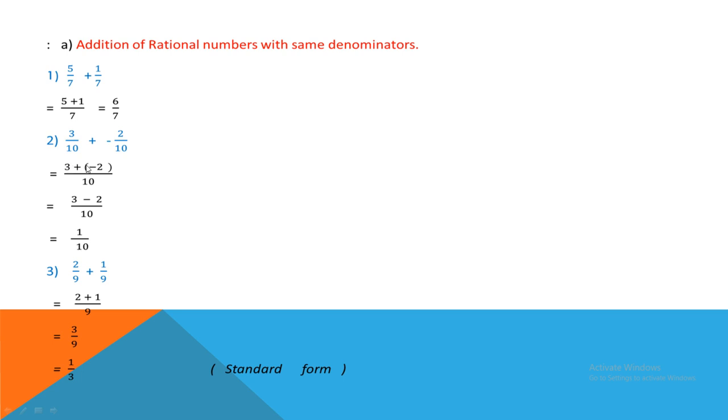We know the rule of addition of positive and negative integers. So the answer will be 1 by 10. In the same way, the third one is 2 upon 9 plus 1 upon 9. Just add the numerators simply, and the denominator is common. So in this way, we add all the rational numbers which have the same denominator.